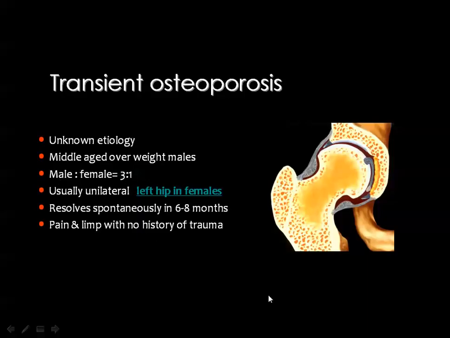This disease is usually unilateral, and it has a predominance for affection of the left hip in females. As I have mentioned, this disease is self-limiting and it resolves spontaneously within 6 to 8 months of non-weight bearing maneuvers for the hip and supportive measures.